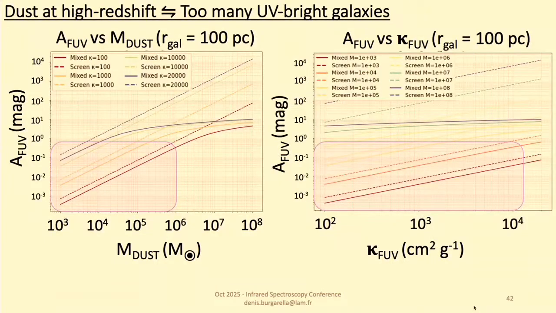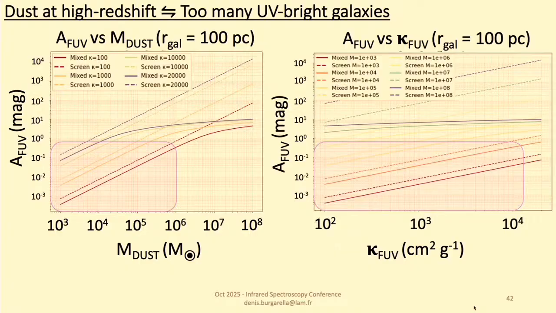And when we put all these things into this very simple model, you can predict, depending on mixed or screen geometry, depending on kappa on this plot, and this is as a function of KV, for 100 parsec, and I have another one, 300 parsec. And what you see is that this is a region where you have galaxies.